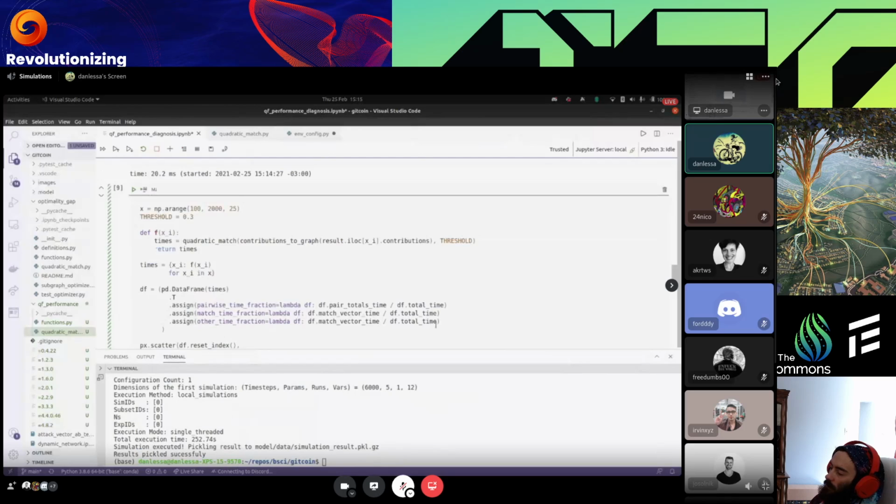This other time fraction is essentially 1 minus the f.match time fraction and the f pairwise time fraction.